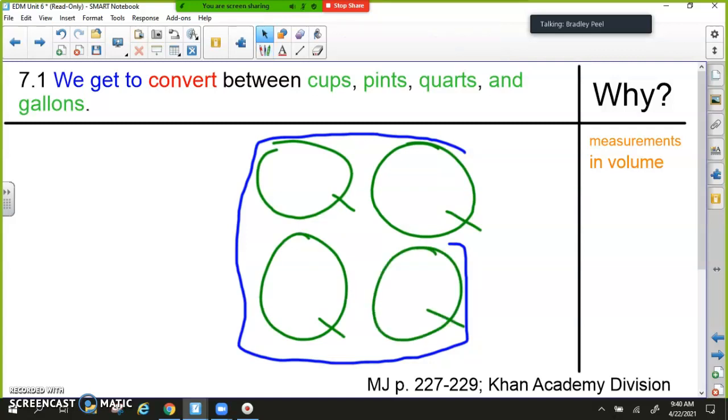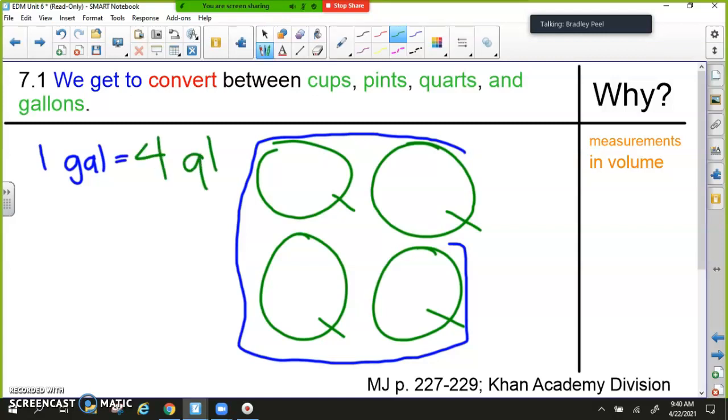So we can say 1 gallon, and this is the abbreviation, equals 4 quarts, and this is the abbreviation for quart. Is everybody okay with this diagram so far?